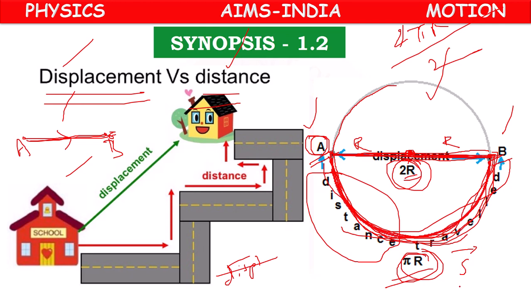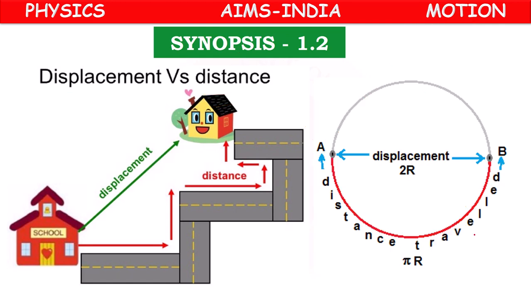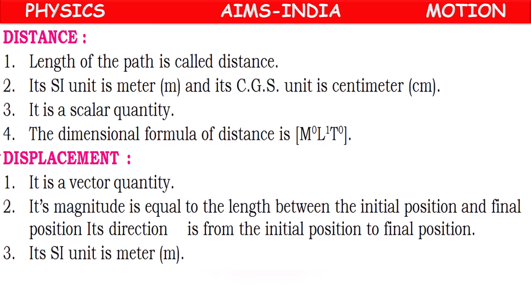S bar means displacement. Displacement is always less than or equal to distance. Yes. Okay. So this is about distance and displacement, children. So let's see the important points.